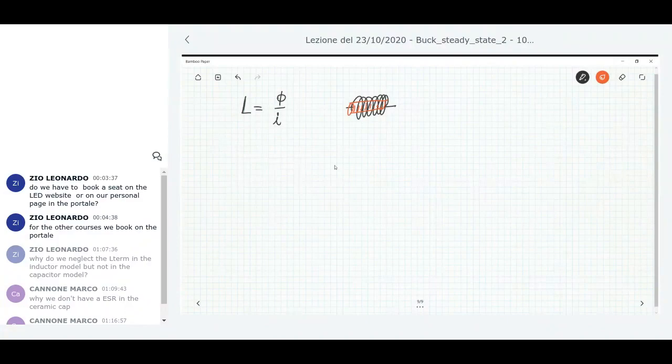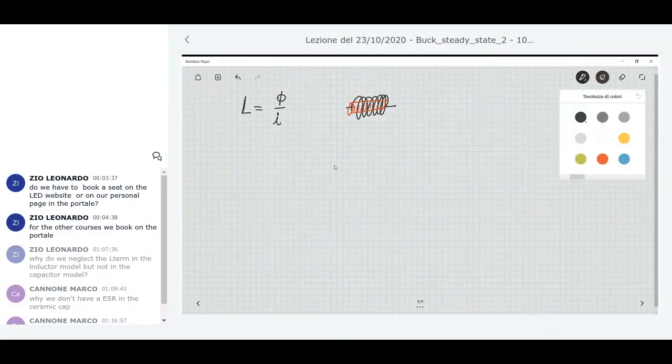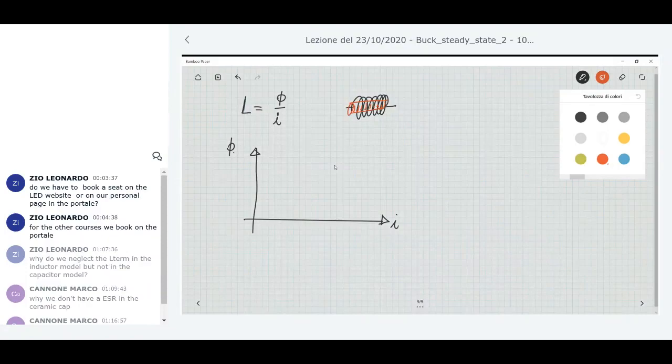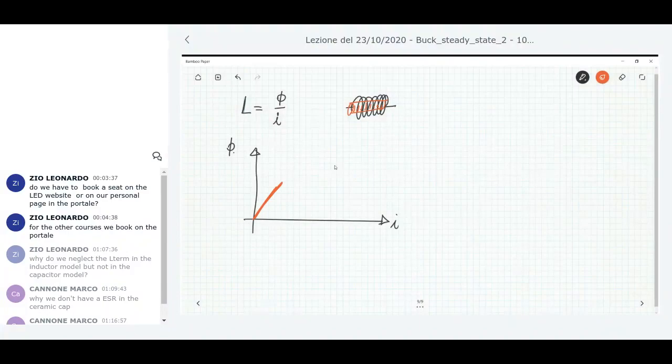If you look at the curve, the dependence of the flux with respect to the current that generates it, you can distinguish two different regions. There is a first region in which the dependence of the flux on the current is pretty linear.